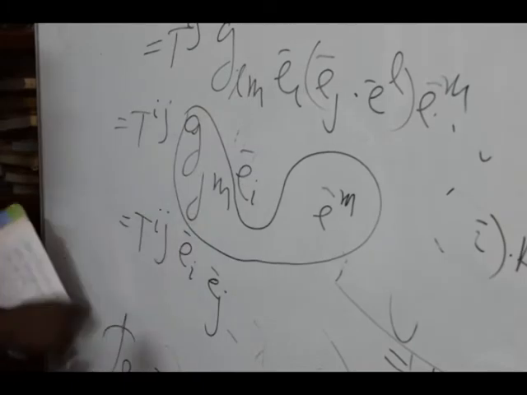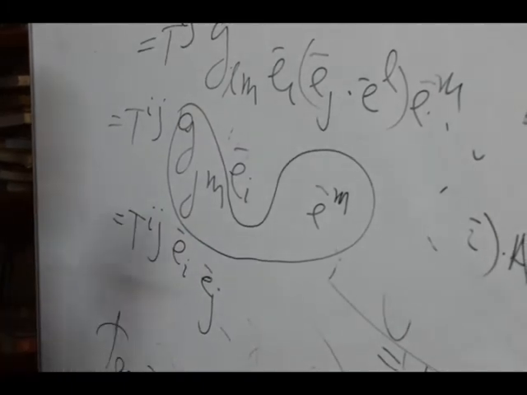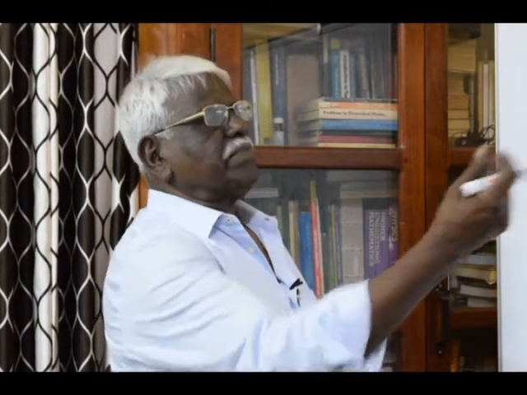Whenever you construct the dot product of a second rank tensor with our metric tensor, you get back the same tensor. That is a property of the metric tensor of space.